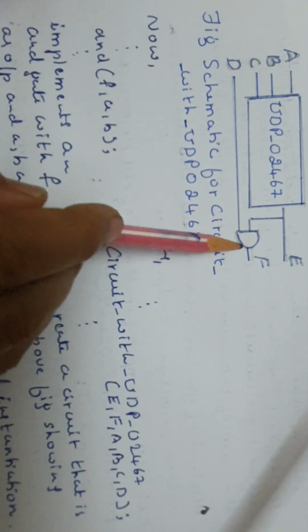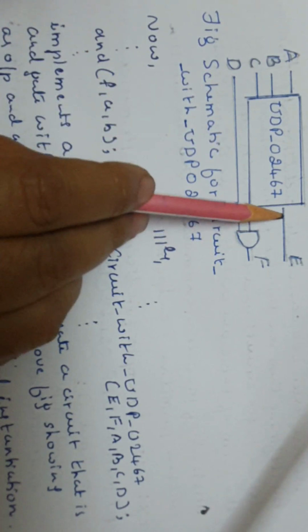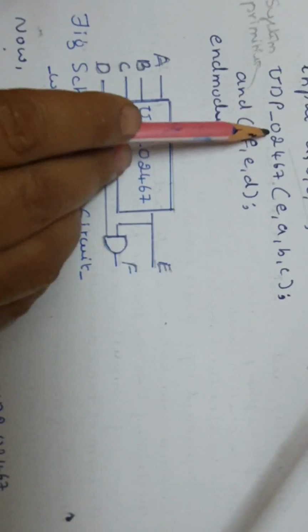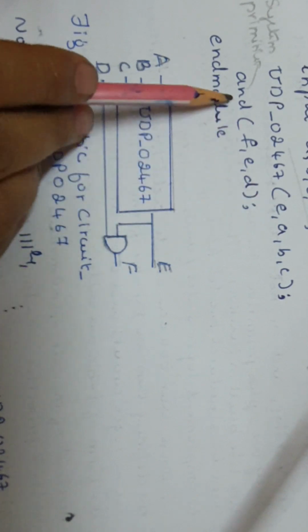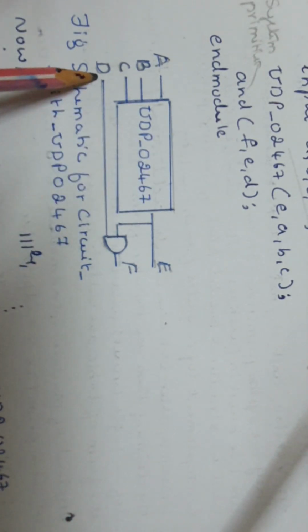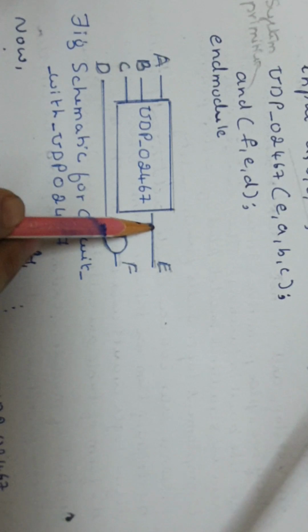Here a built-in AND gate is there. One input was D, another input was the output of UDP_02467. That we can observe here. The AND gate is there. One input is D. So that is this. Another input is E.